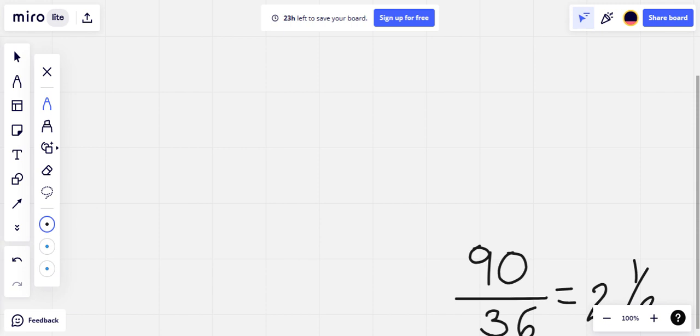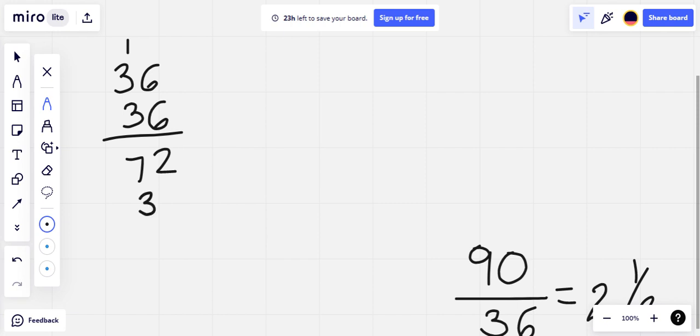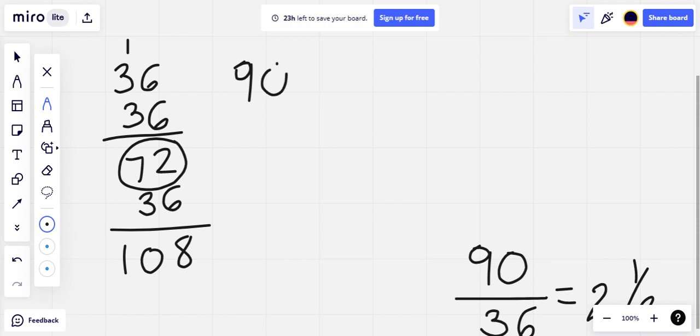So we got 36 and we are adding 36. 6 and 6 is 12, so we write 2 and carry the 1, 3 and 3 is 6 and 1, 72. So it has not reached 90 as yet, so we got 2. Let's add another 36 to it. 6 and 2 is 8. 7 and 3 is 10. So that's 108. So this 72 right here, I'm going to subtract it from the 90. So ready, let's go. 36 from the 90.